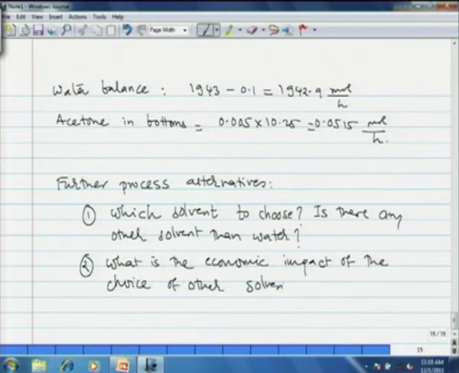One important thing that we have not included in the material balance is the loss of water through the absorber. Okay. Since the absorber is essentially a gas liquid contactor, the air that will exit from the absorber will be saturated with water vapor. Therefore, not all of the water that enters the absorber will come out. Some small loss of water will be there.